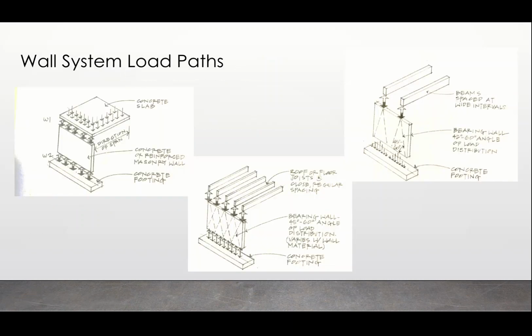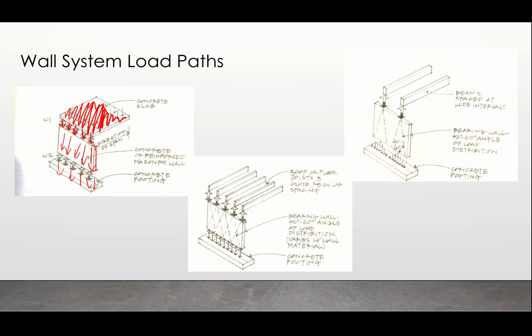Okay, so these are a couple different types of wall systems that we could have. This one's called a uniform slab. So as we can see, all of this is just a concrete slab. And what that's creating is a uniform distributed load over our bearing wall here, our masonry wall, and then that creates another just completely distributed load down to the footing, and then that down to the soil.